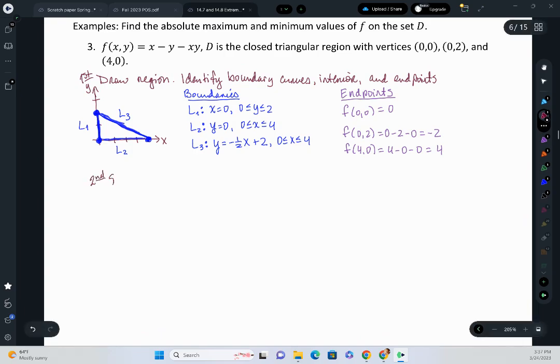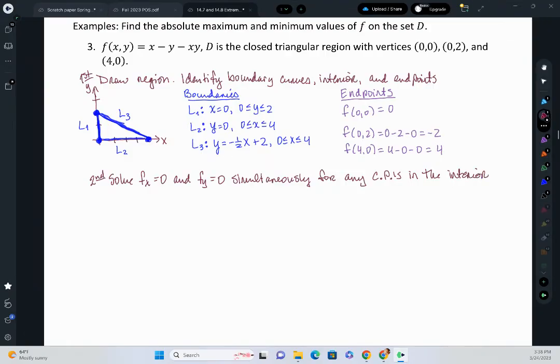Second, we're going to solve f sub x equals 0 and f sub y equals 0 simultaneously for any critical points in the interior. Okay, so we've got to figure out what the heck is the interior.